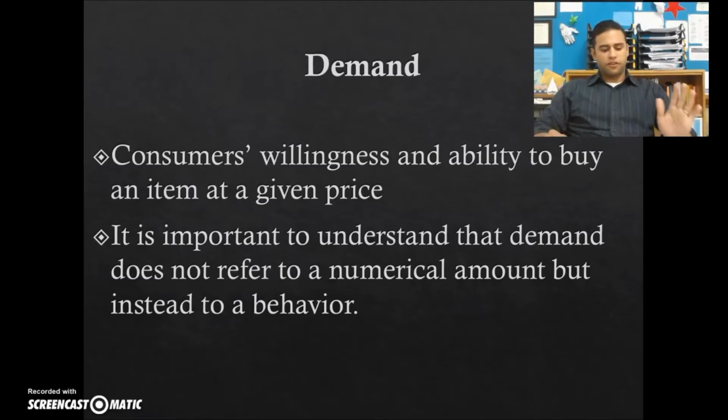Something could be from $1 to $100. And at every single price, there's a different amount of people, or maybe individually, there's a different amount of stuff that you would be willing to buy.